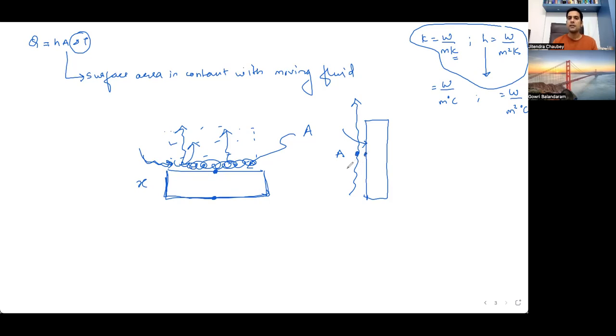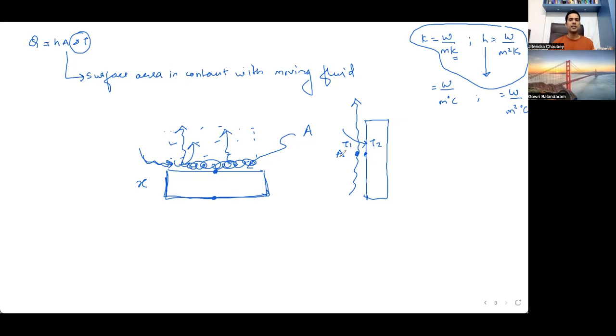If the fluid is hotter and the surface is colder, it would be T1 minus T2. And if it's the other way around, the plate is hotter and the fluid is colder, it will be T2 minus T1.